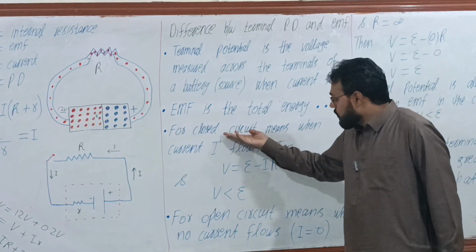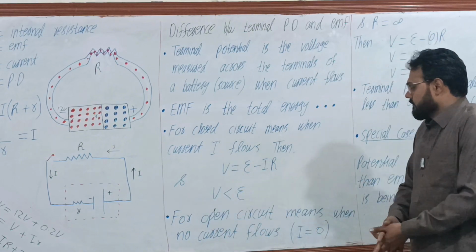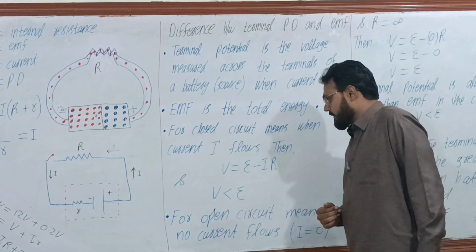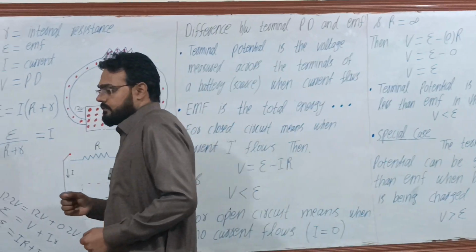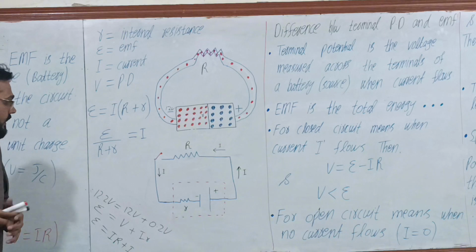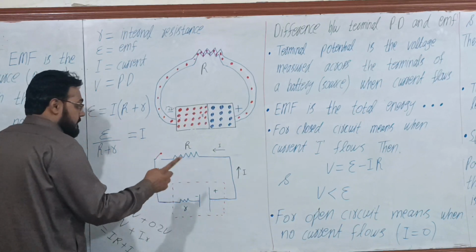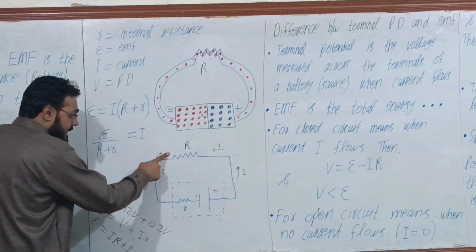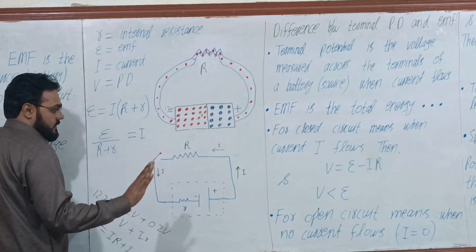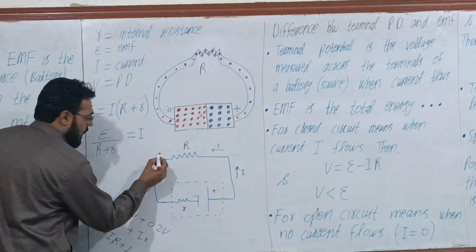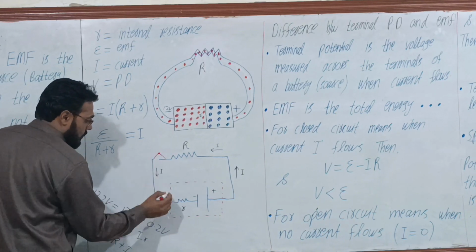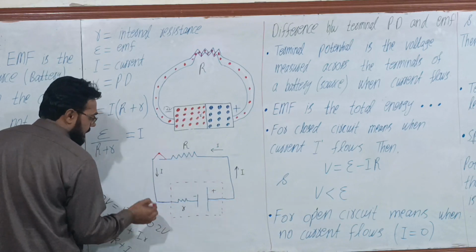Now, for open circuit and closed circuit. First, for open circuit. Open circuit means that the circuit is open, means no current flows. Now the circuit is closed. Now the current can flow through the circuit.